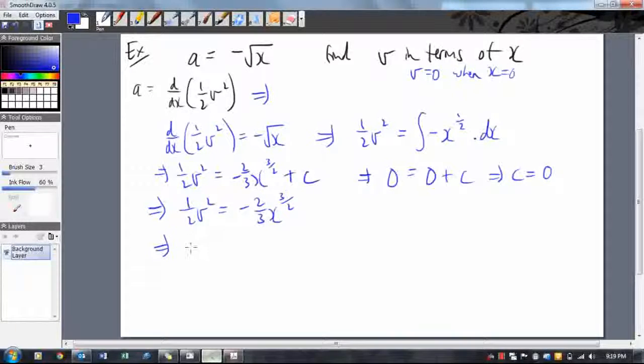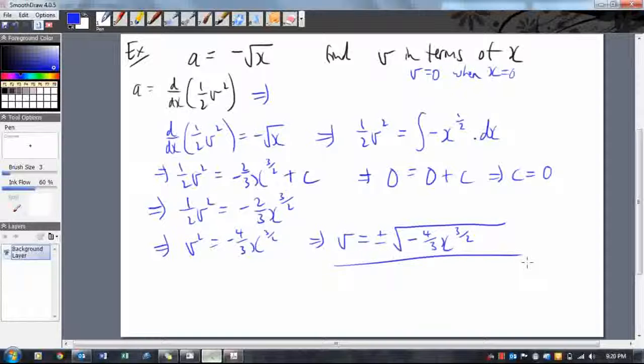So times that by 2, so v squared is equal to negative 4/3 x to the 3 over 2. Therefore, v equals plus or minus the square root of negative 4/3 x to the 3 over 2. And there's your answer there.